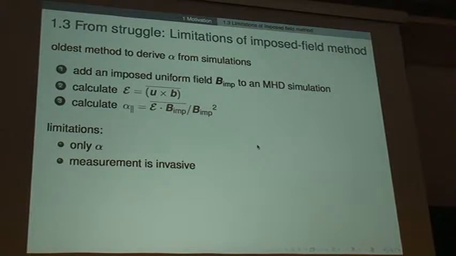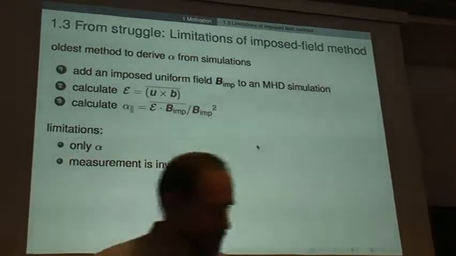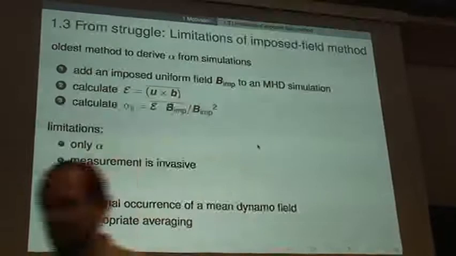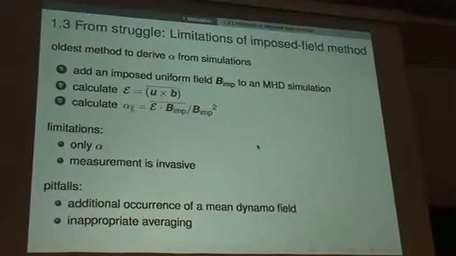If you want to go beyond kinematics with this method and derive something like quenching functions, then your problem starts. The other thing is there are not only limitations, which one should of course be aware of, but pitfalls, and sometimes people really tumble into these pits.